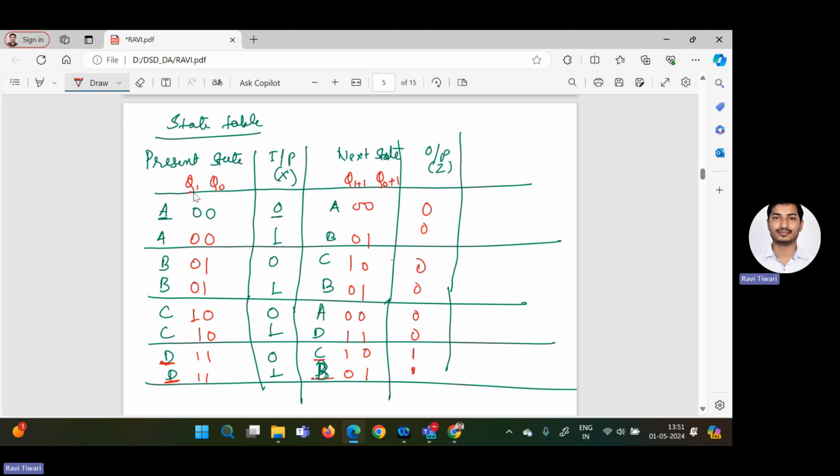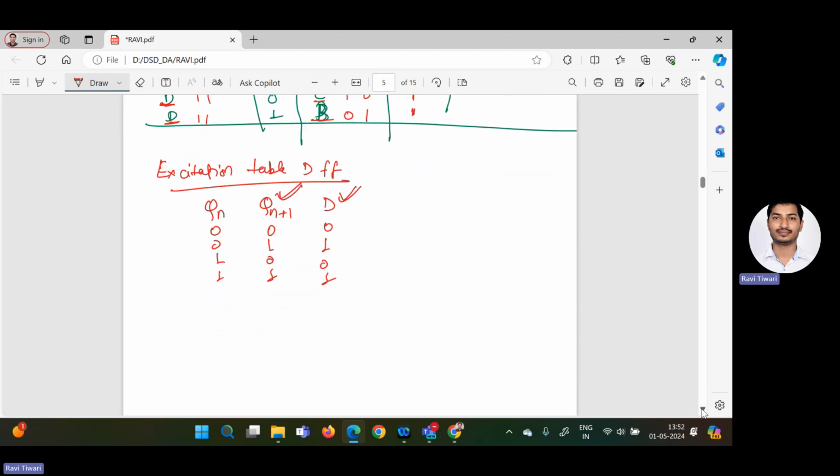So now you have to compare Q1 and Q1 plus 1 and find out the value of D1. Similarly, after comparing Q0 and Q0 plus 1, you will get D0. You have to compare by using this excitation table. This is called the present state, this is called the next state, and you will get the value of D.